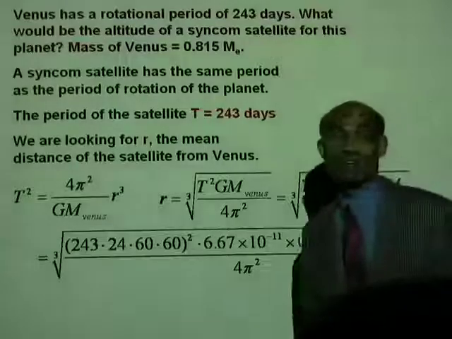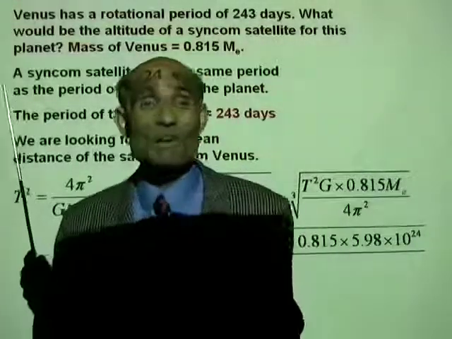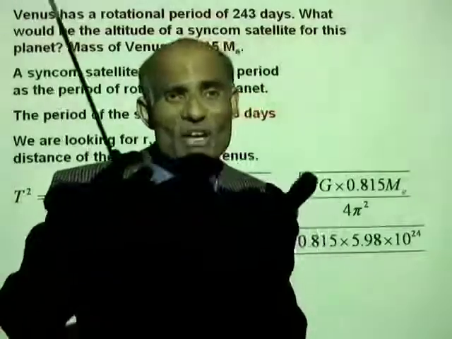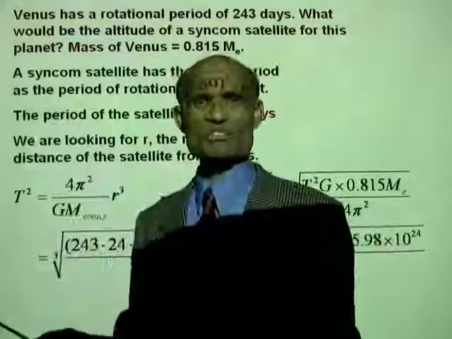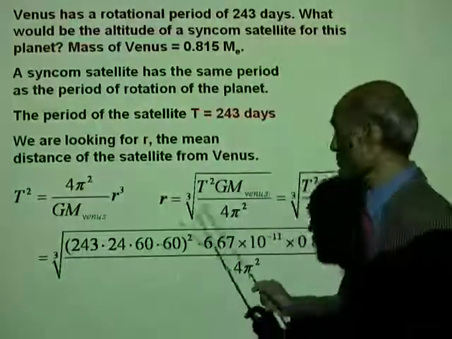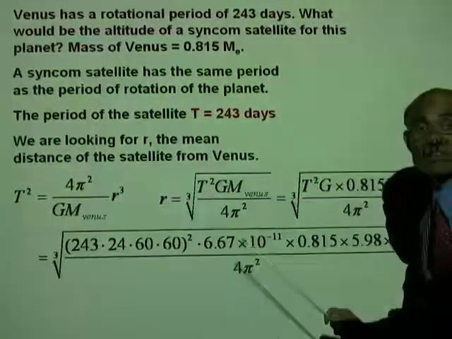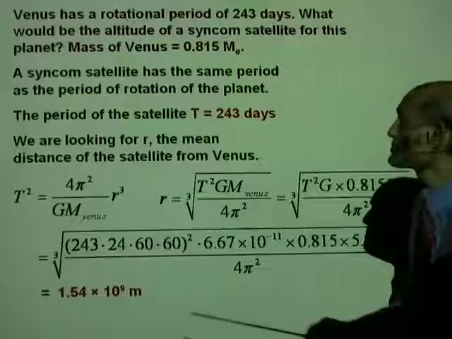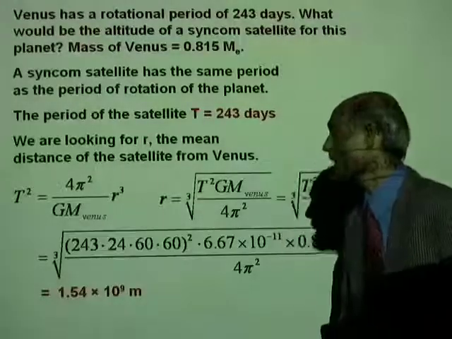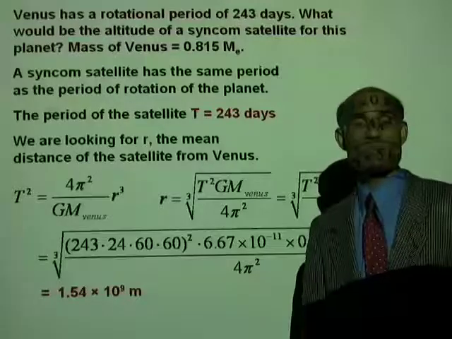In this part of the course you have a lot of these slightly complicated calculations, and you must feel comfortable using them on your calculator. That gives you 1.54 times 10 to the power of 9.